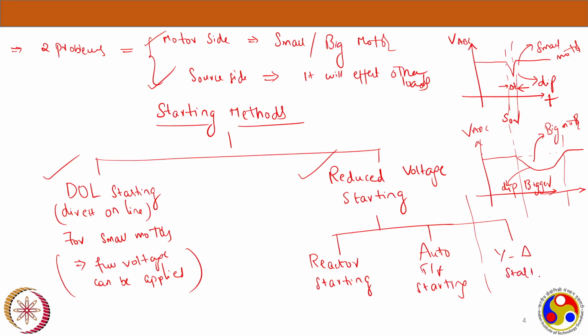We will also discuss that today. But the main methods are DOL, reactor, and auto transformer. Within this, DOL is the full voltage starting method, whereas the reactor starting and the auto transformer starting are the reduced voltage methods.